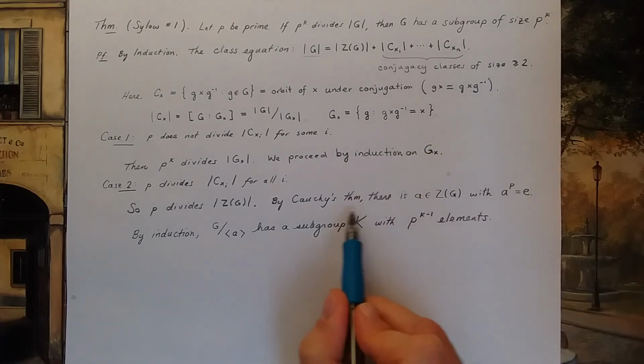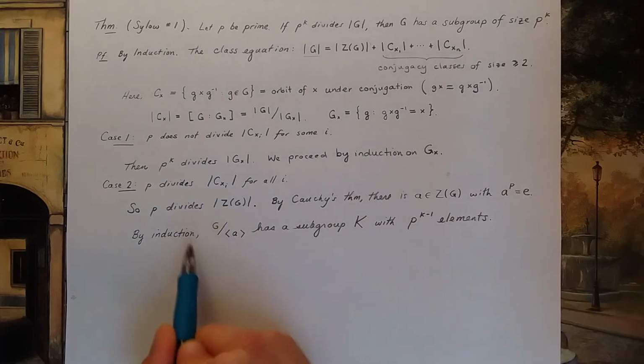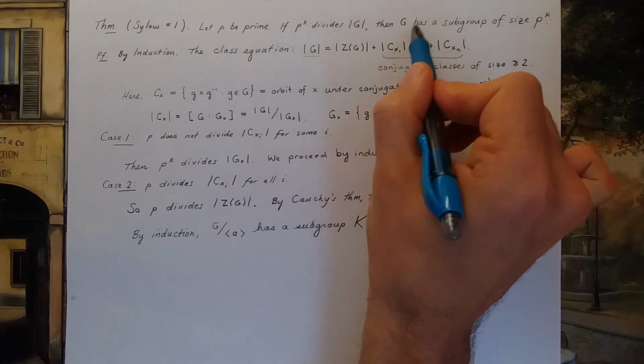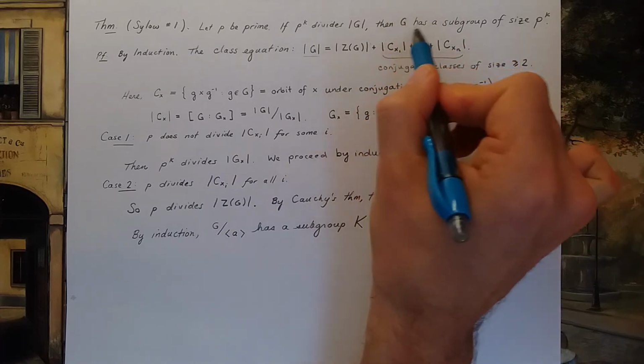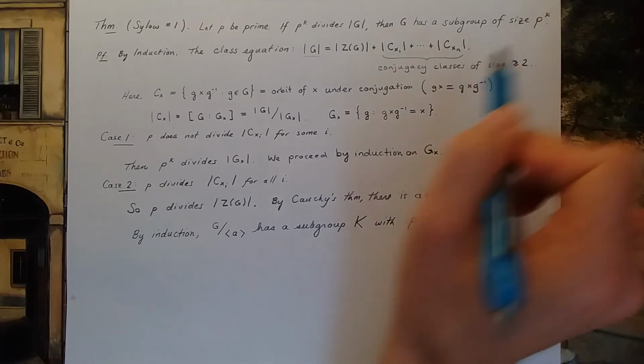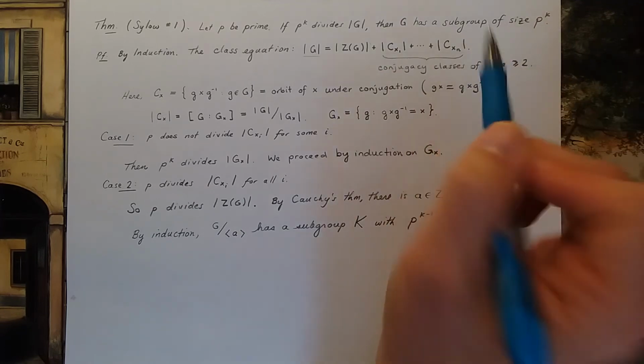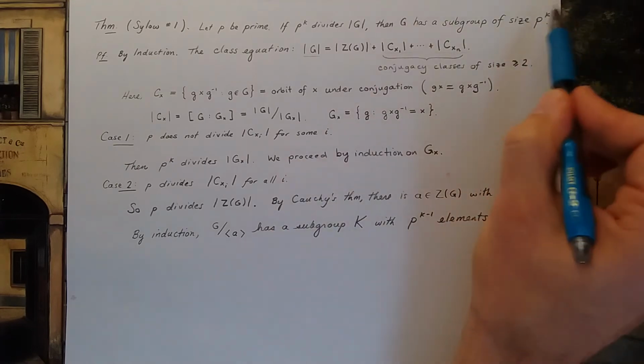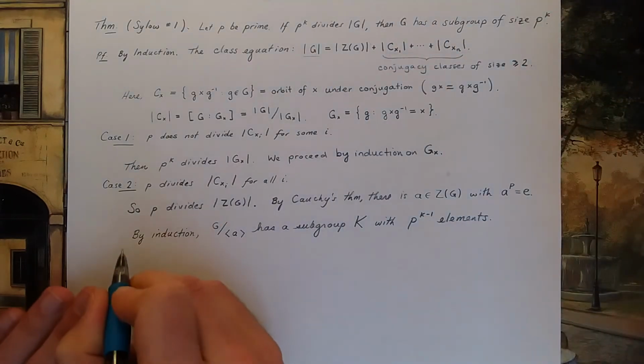I'm going to use this subgroup K in the factor group to come up with a subgroup of G of size P to the K. And so here it is. I'm going to use K to find a subgroup of G.